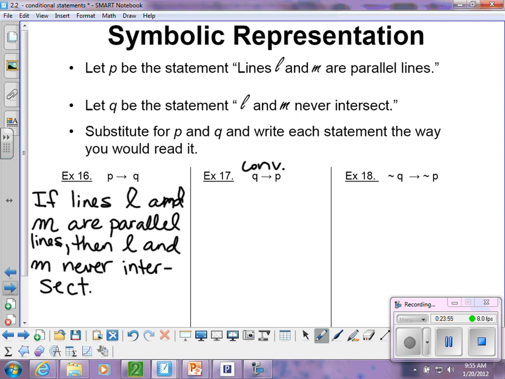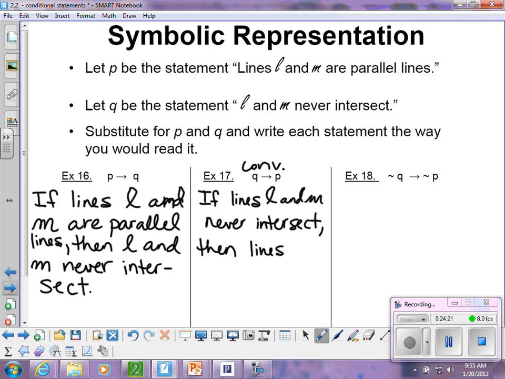Yeah, so if lines L and M never intersect, then lines L and M are parallel.